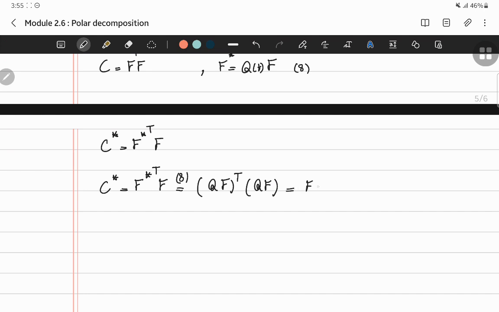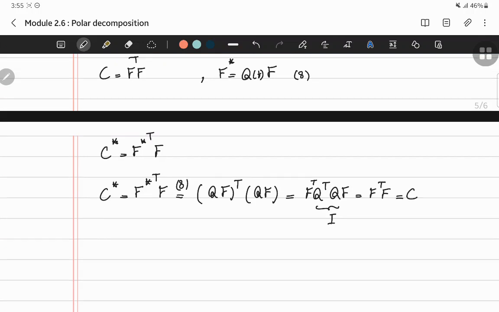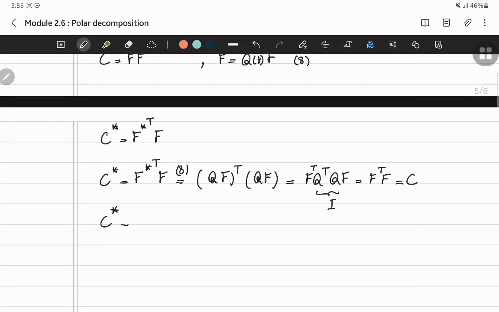This can be written as F transpose Q transpose QF. This is nothing but the identity tensor, which gives F transpose F. F transpose F is the same as C. So the transformation for the C tensor gives C. Therefore, it is not an objective tensor.